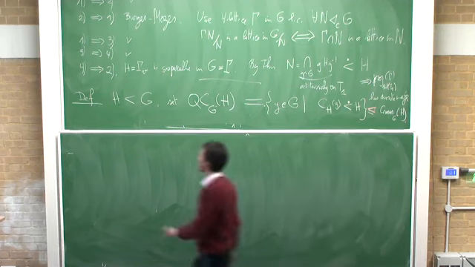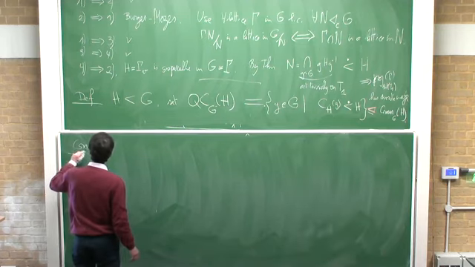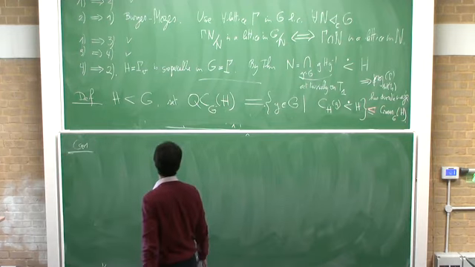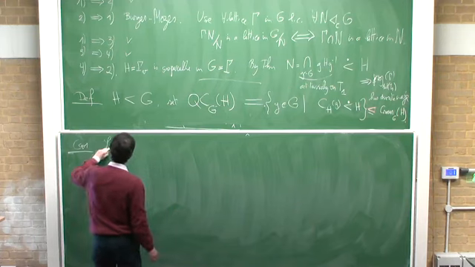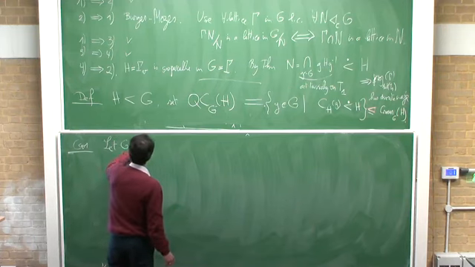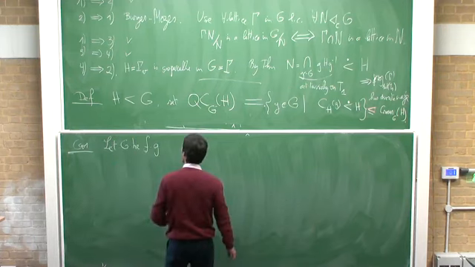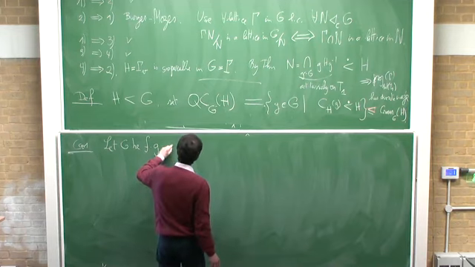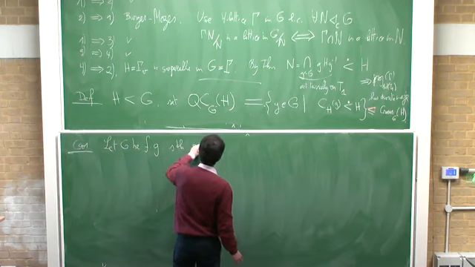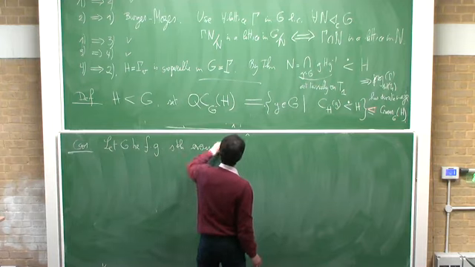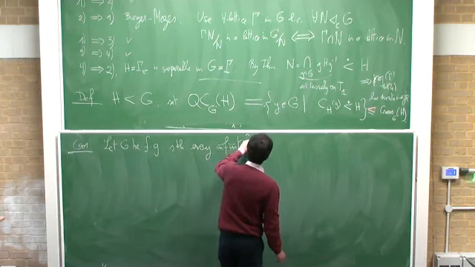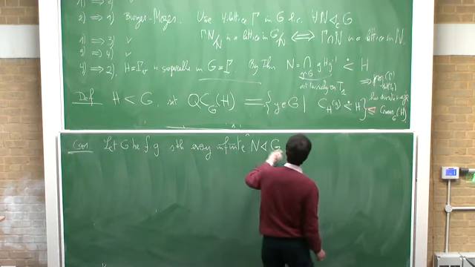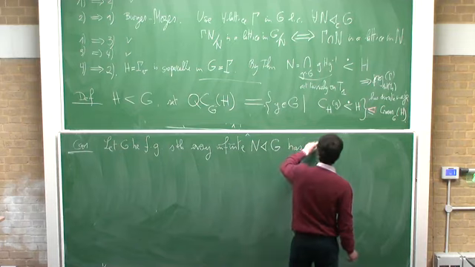And now, it's another corollary of the theorem. So let G be finitely related, such that every infinite normal subgroup of G has trivial centralizer.